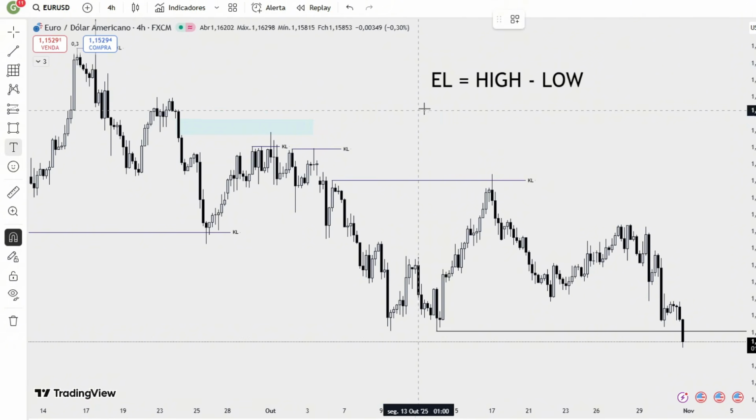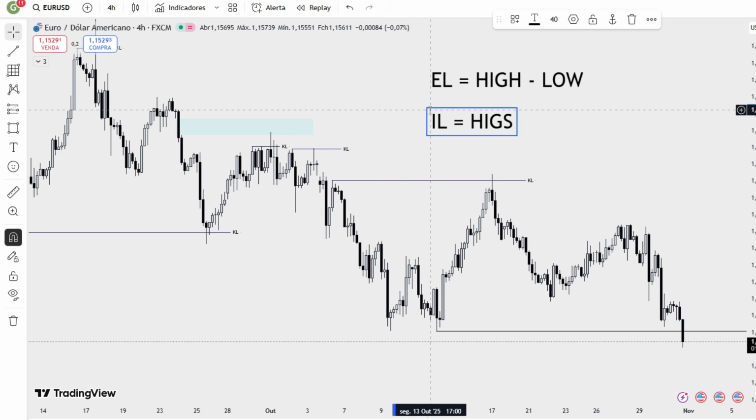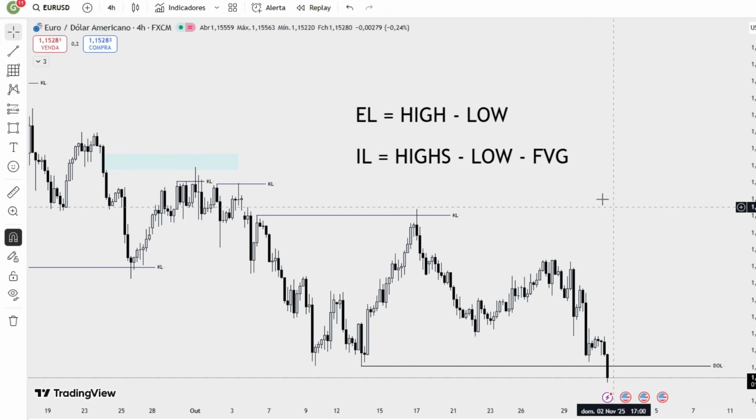And internal liquidity, you can use highs and lows as well, but internals, and you can use fair value gaps as internal liquidities, right?